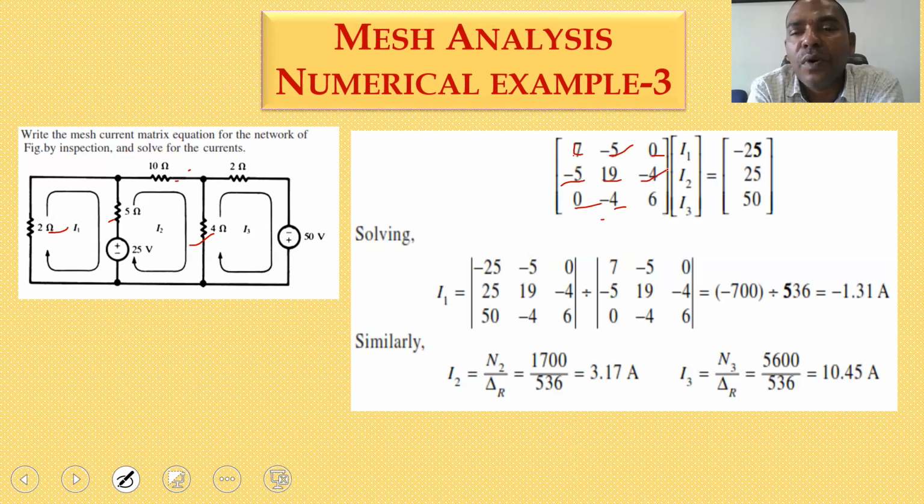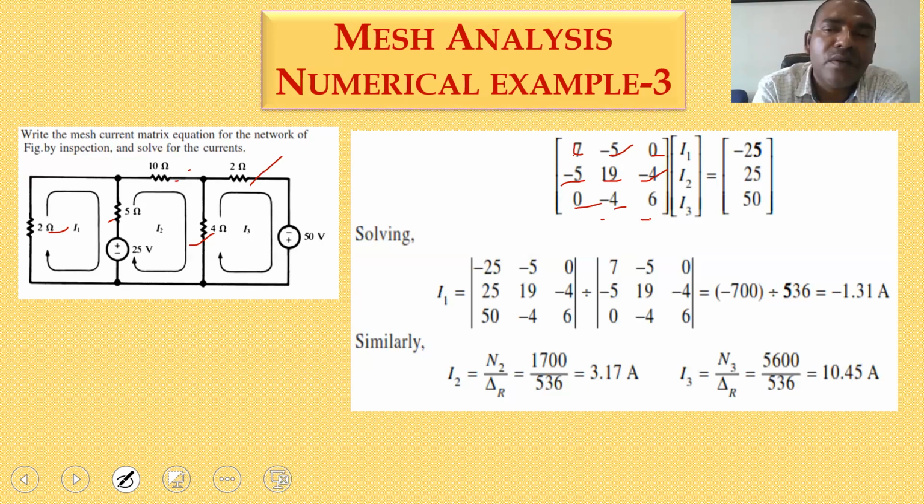So minus 4 for A23, minus 4 for A32. Then coming to A33, the entire loop 3 passive elements, 4 ohms and 2 ohms. So 4 plus 2, 6 ohms. Then the unknown currents are I1, I2, I3.